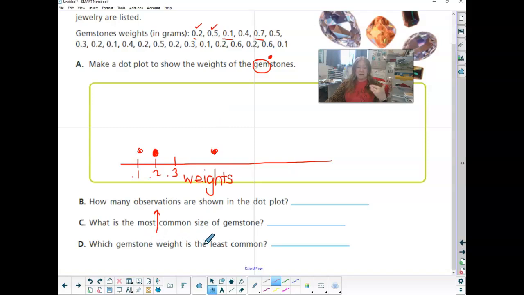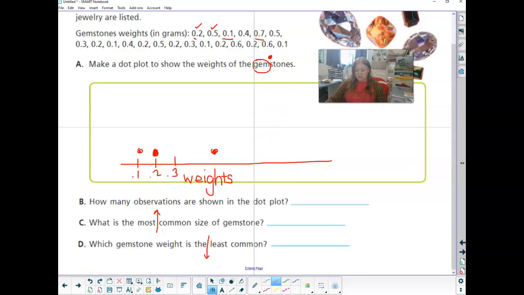And then which weight is the least common? So I'm looking for the lowest one. And remember, there could be more than one. Actually, there's not on this one, so I'll give you a little hint. Just 1 on each of these. So which one is the least common weight? So we're answering the numbers at the bottom, the weight, based on how many dots they have above them.